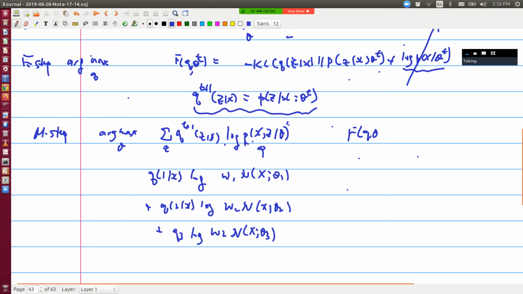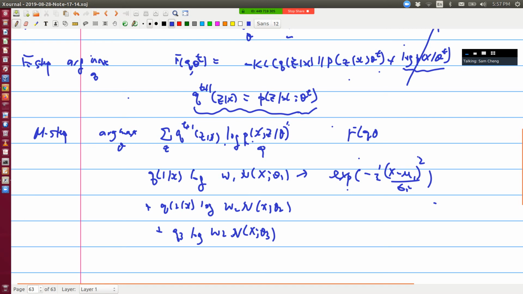Now I can write this in the Gaussian form, exponential of minus 1/2 (x minus mu 1) squared over sigma 1 squared. Theta includes both the mean and the variance, so for convenience I write theta 1, theta 2, theta 3, but it should really be mu 1 and sigma 1 squared.